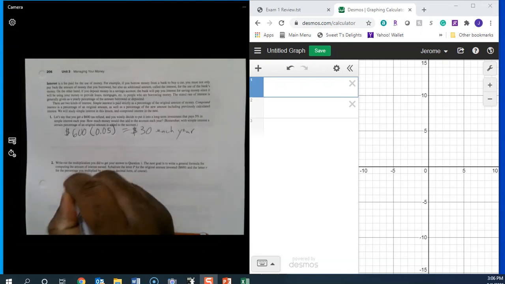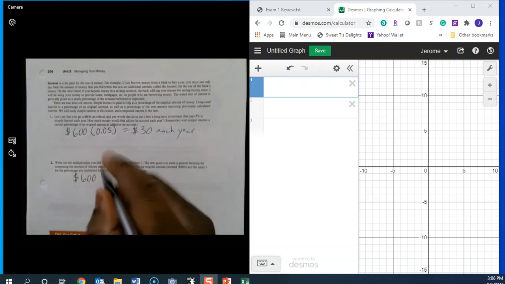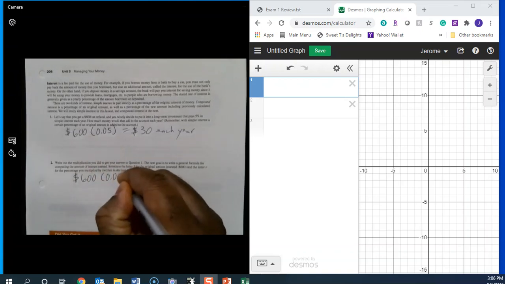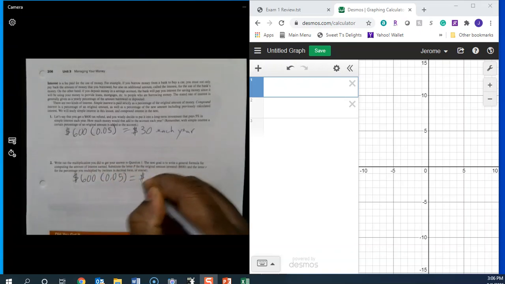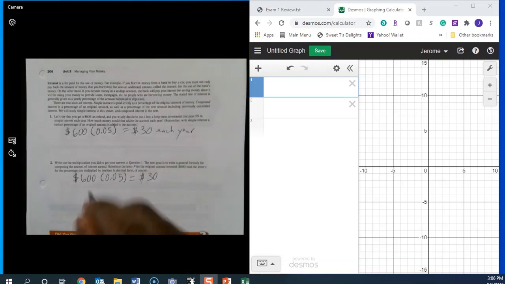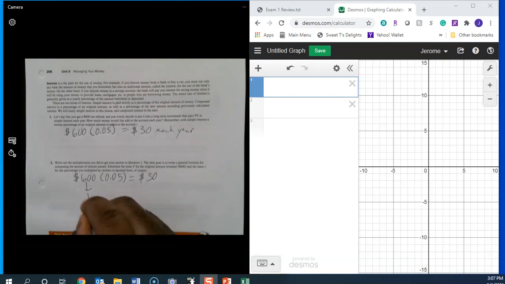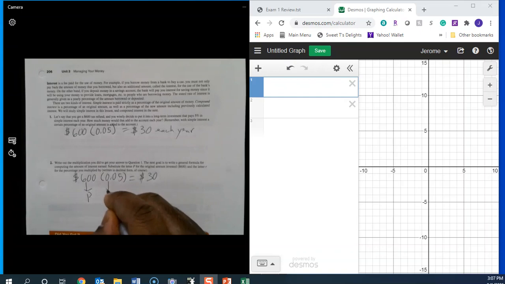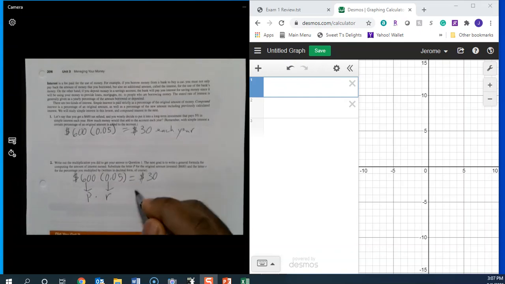So, if we take what we originally had, the 600 times 0.05, and set it equal to the $30, they told us to substitute in P for the $600, and then R for the interest rate. And we have equals here, and this $30 is actually, even though it doesn't tell you, I for interest.